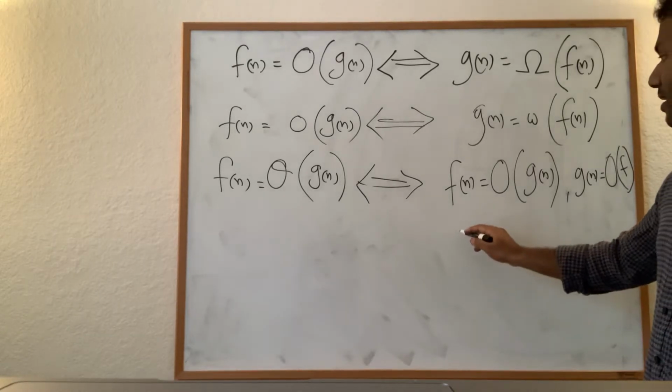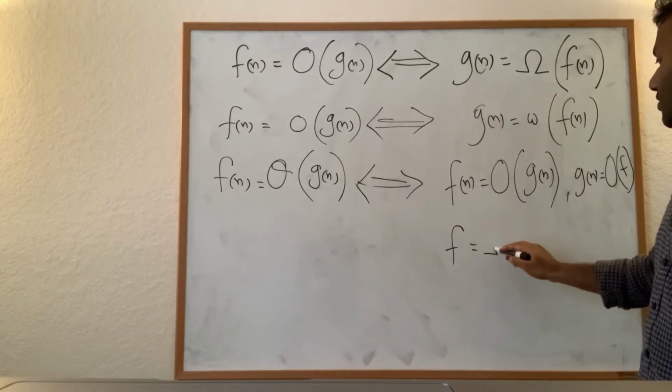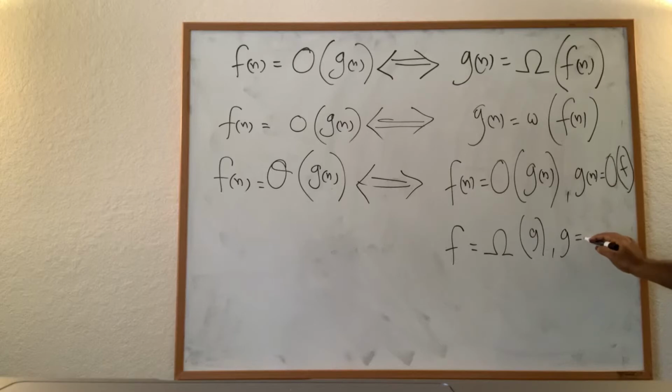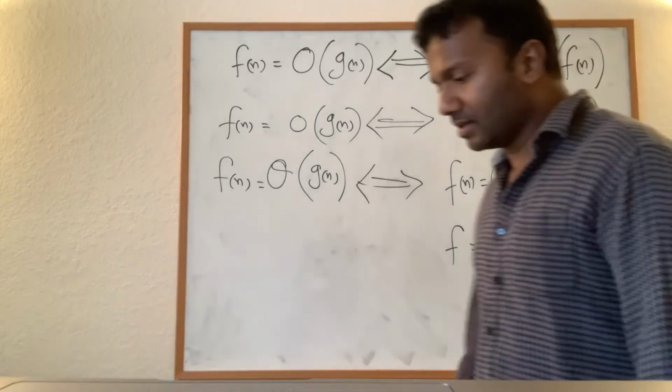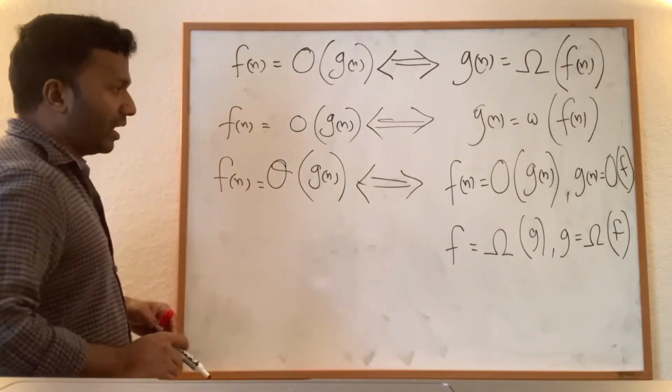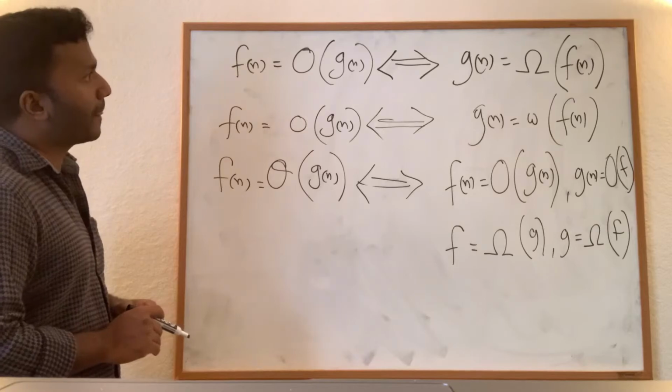Or even you can say that f of n is big omega of g of n, and g of n is big omega of f of n. So all of these are some of the easy corollaries you can get out of the actual definition.